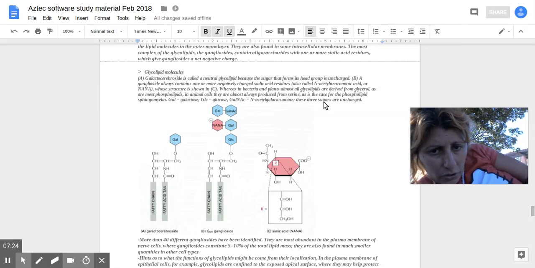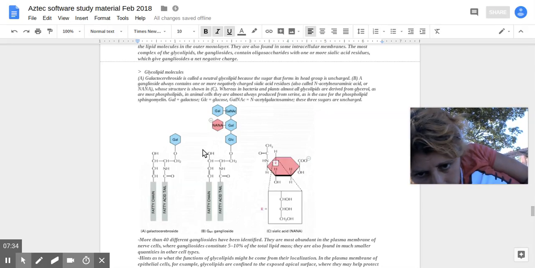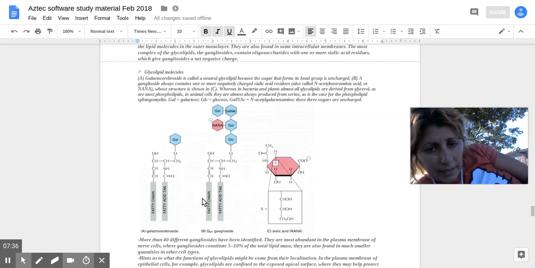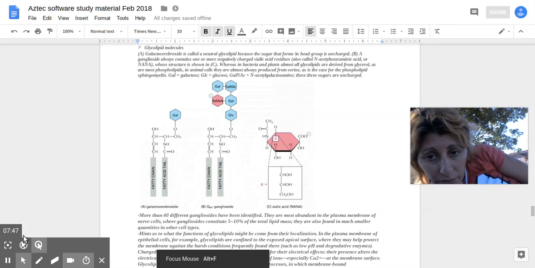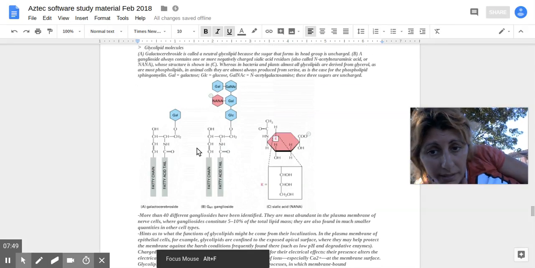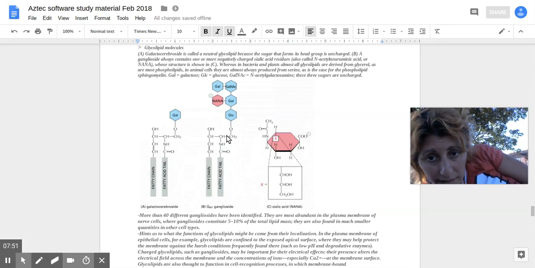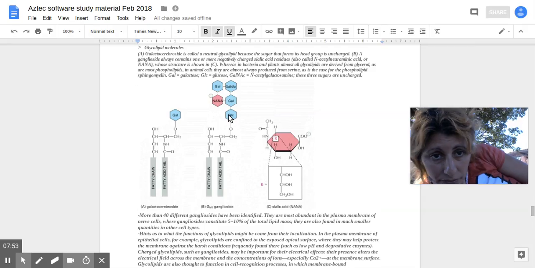These three sugars are uncharged, and they are bound to the glycerol and fatty acid chains, making up the glycolipid. So the first glycolipid is neutral. The second one is negative.